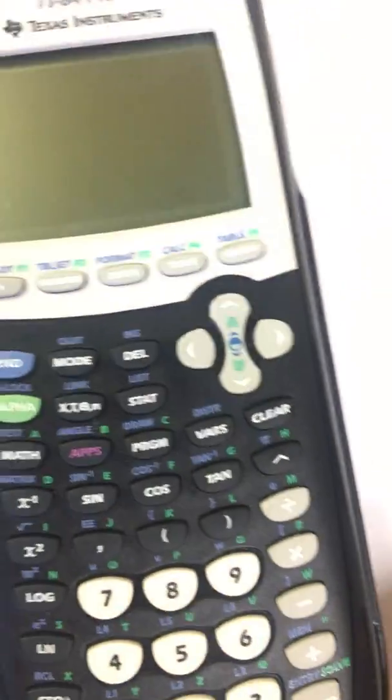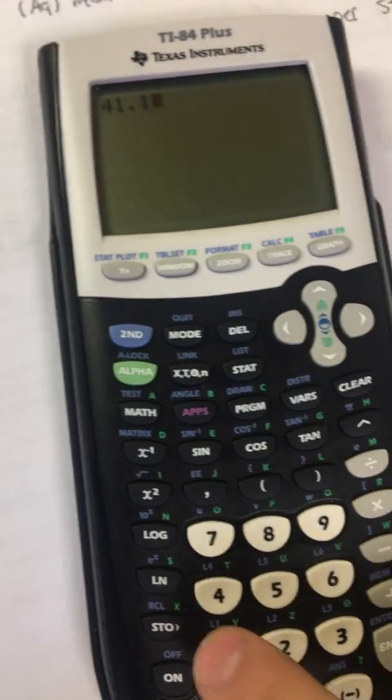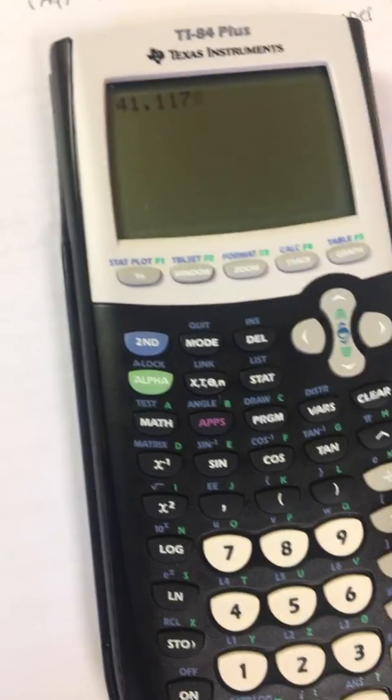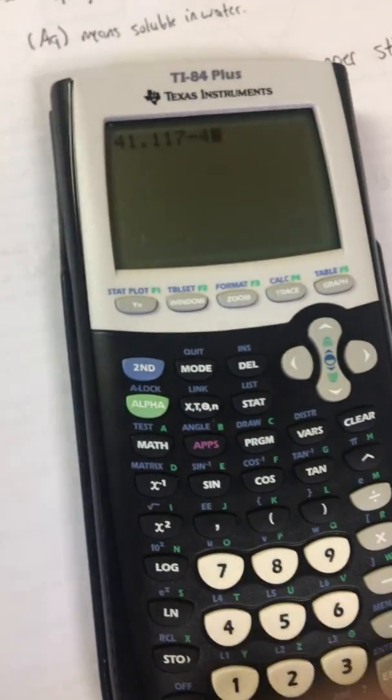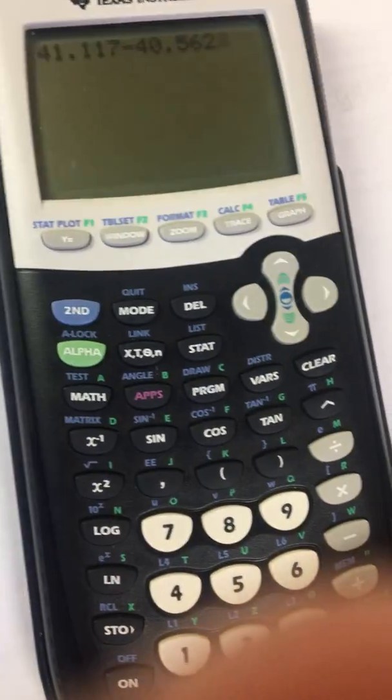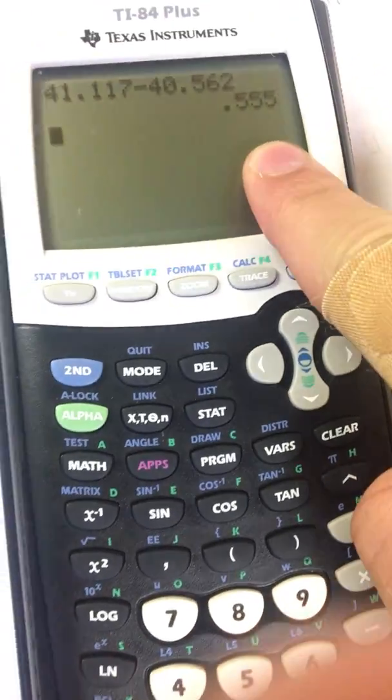The mass of the evaporating dish and recovered copper is 41.117 grams. So right here we would have 41.117 minus 40.562. That gives us 0.555.